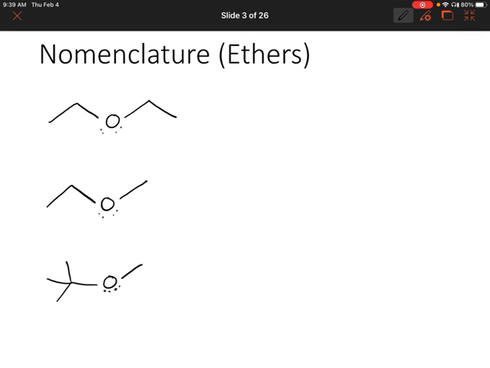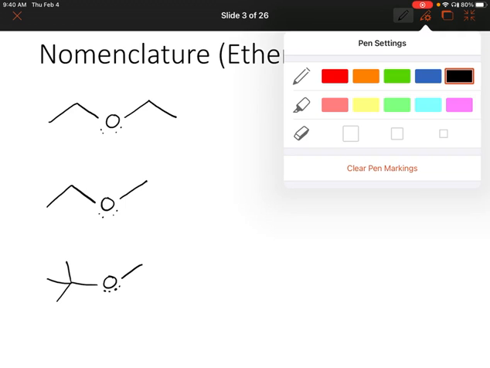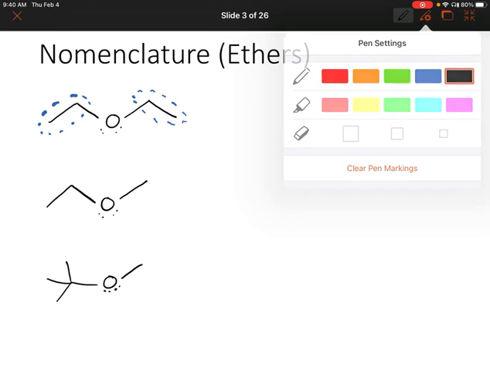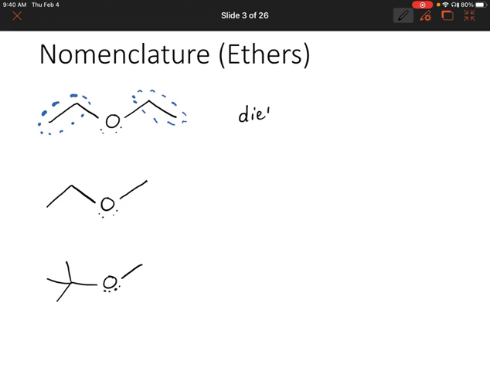All right, so how do we name these? Well, we just start by identifying the groups on either side. So for instance, in our first ether, we have an ethyl group on each side. So we would call this diethyl ether. And this is actually a really good solvent.